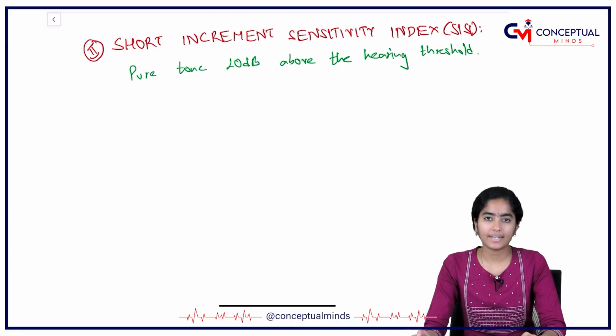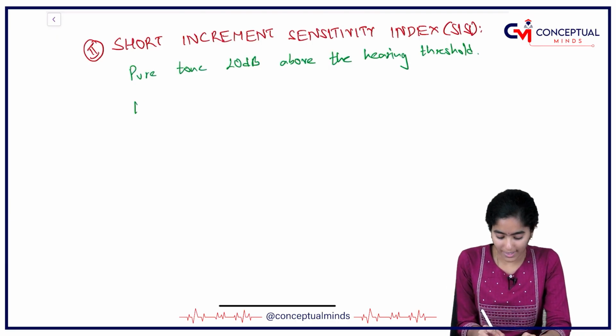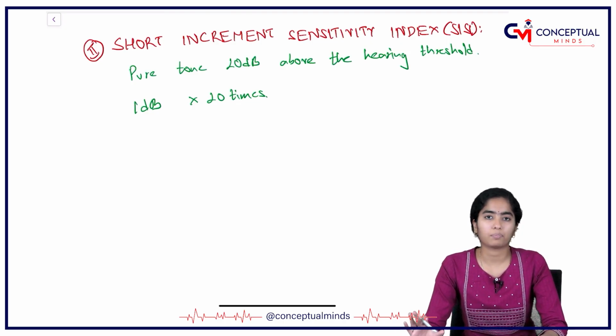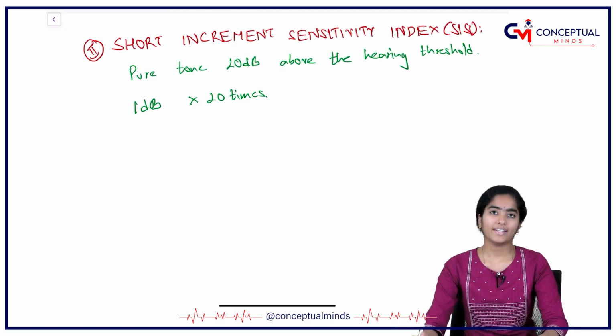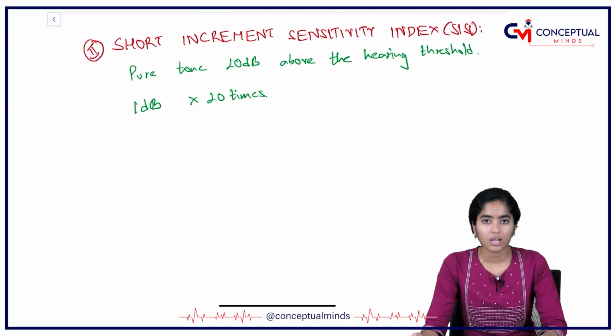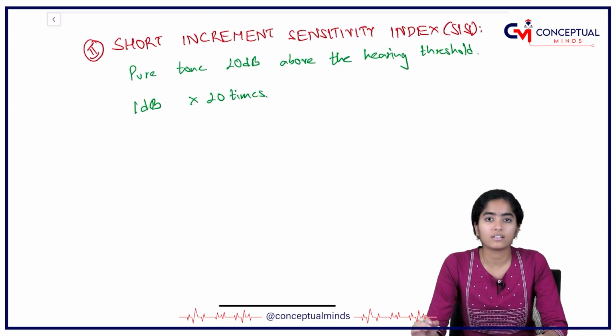And like that we increase the sound intensity by 1 decibel 20 times. Now a normal person rarely can score beyond 15%. Generally only that much is the sensitivity. If 20 times is 100%, they cannot even identify 4 or 5 clicks of difference.